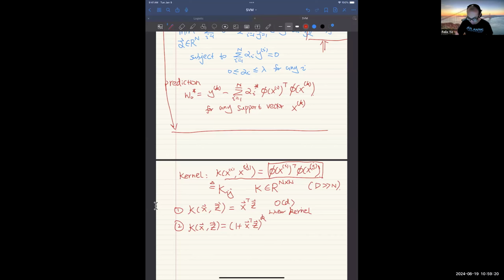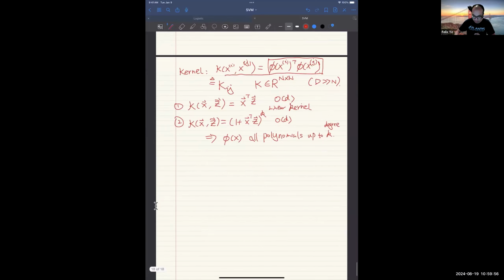It's order of small d as well, but it's equivalent to my phi(x) being all the polynomial terms up to any degree of k. Right, so this is basically what is being done here.